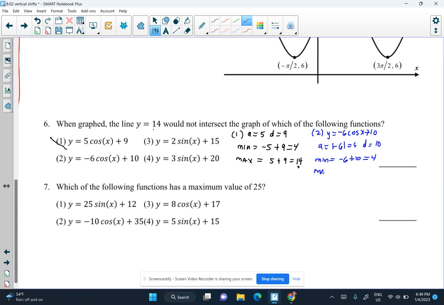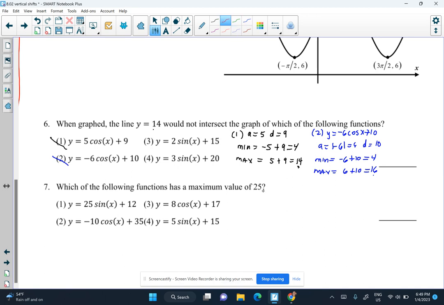Our maximum value is +6 plus 10, or 16. Well, 14 is below that maximum value, so it's going to hit the cosine curve at least twice. So that's not our answer.